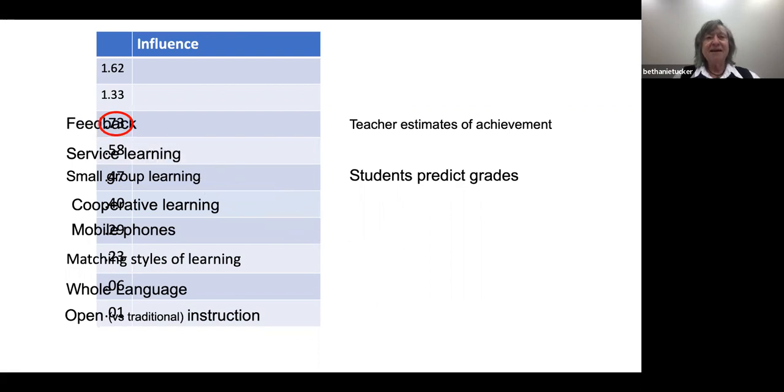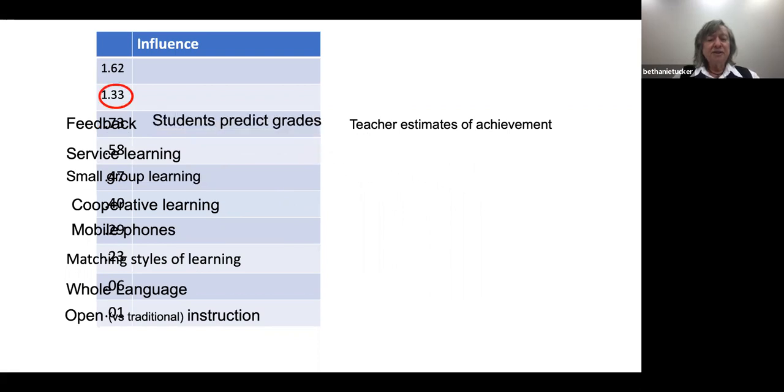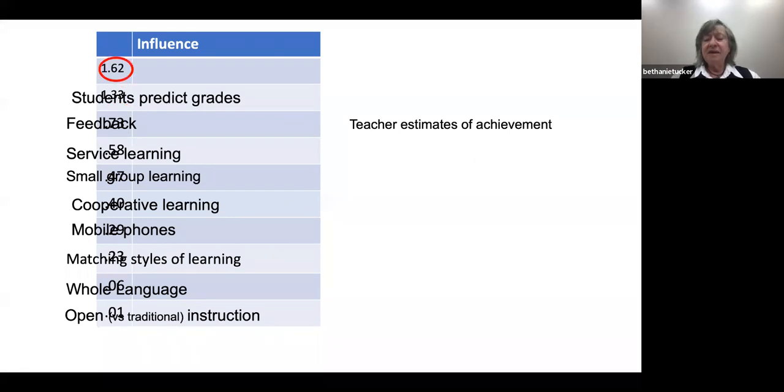appropriate feedback, and appropriate feedback includes telling the students where they are, where they were, where they want to be. Students predicting their grades has an effect size of 1.3, and the influence with an effect size of 1.62, teacher estimates of achievement.